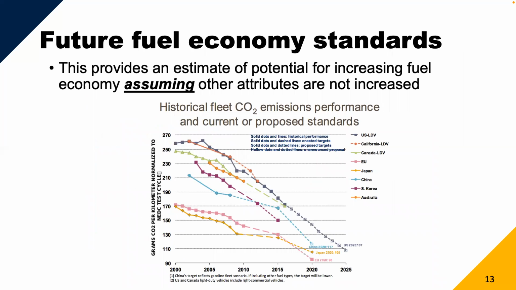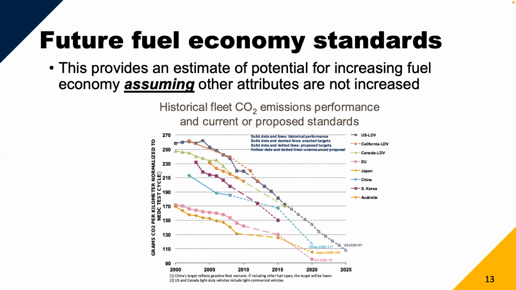If I assume that the other attributes are not increased, I can take the trends that I see in fuel efficiency improvements and do new sets of projections. This is essentially what happened following the new CAFE standards under Obama.